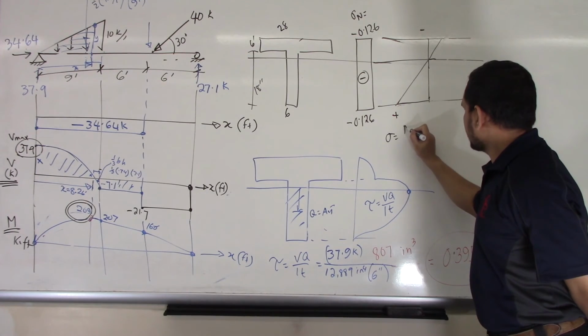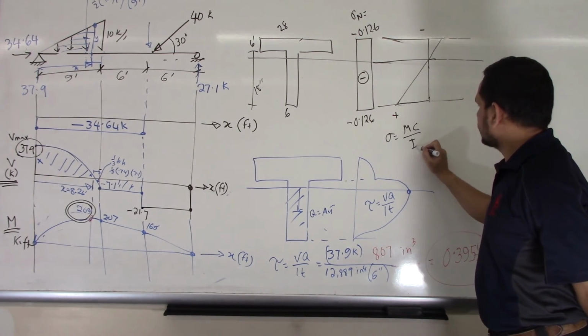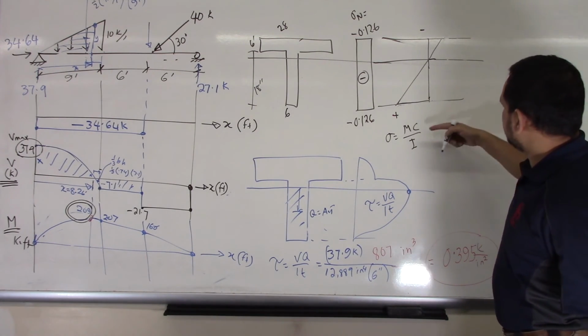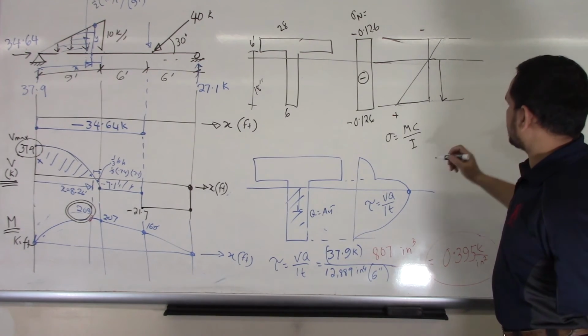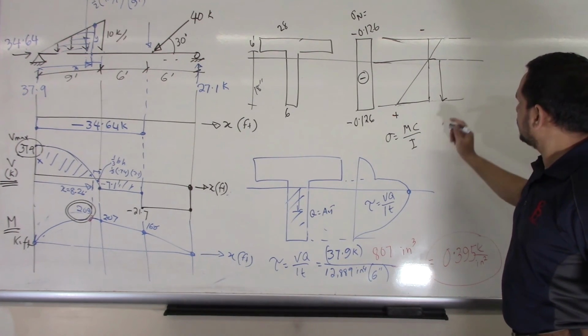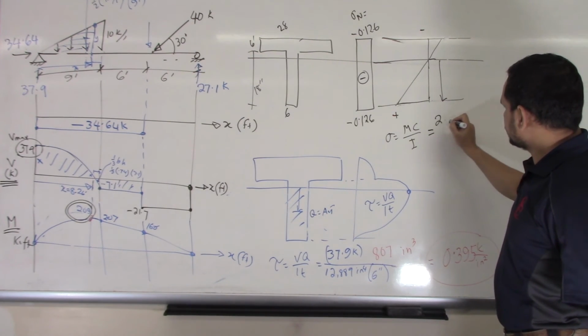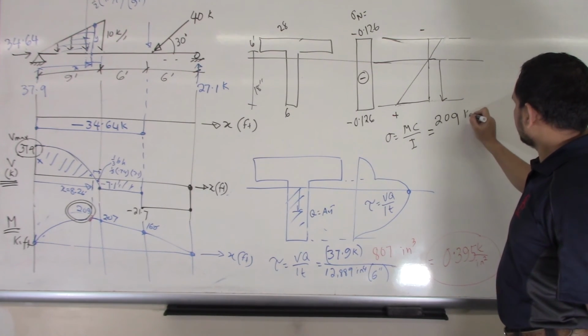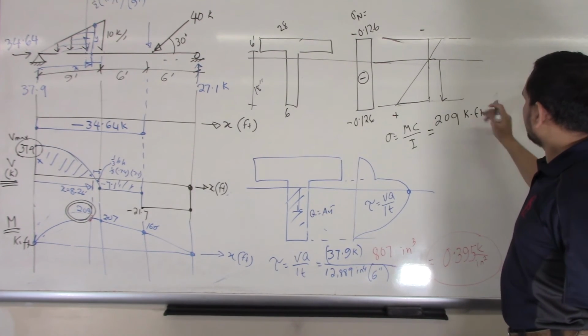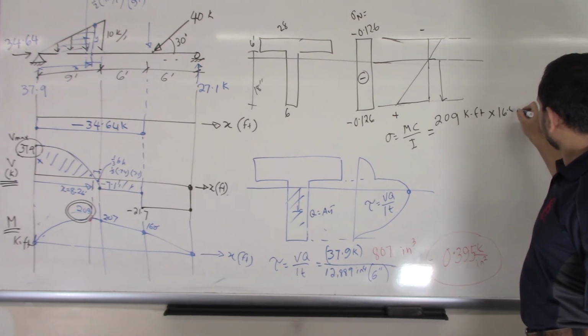So here my stress will be sigma equals Mc over I. C1, C2, whatever you call, make sure it is this C. You can name it C1, but that doesn't matter. So 209, keep it. What is our C? 16.4.